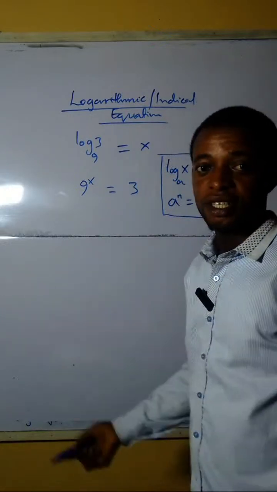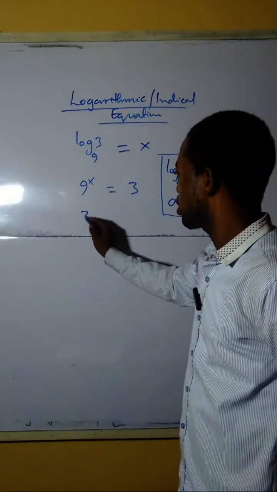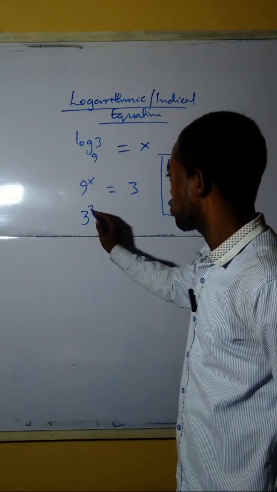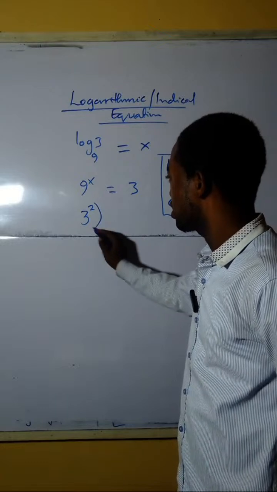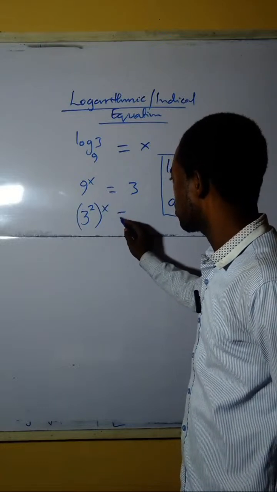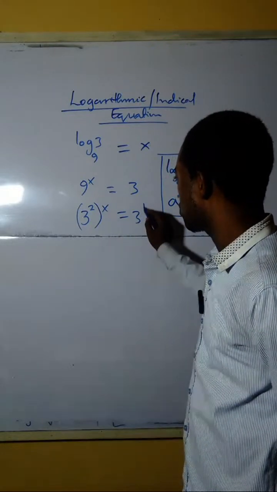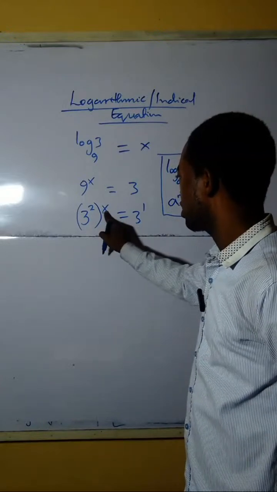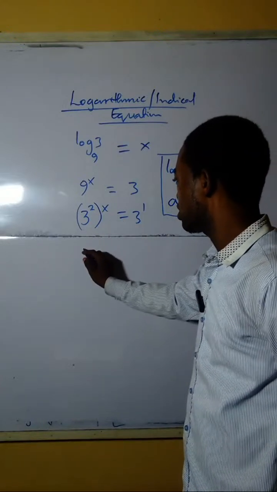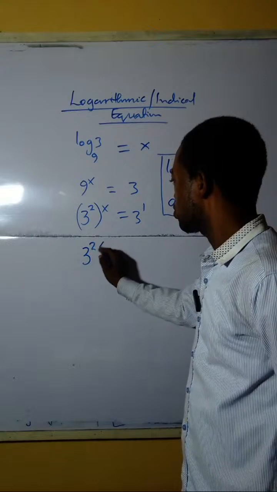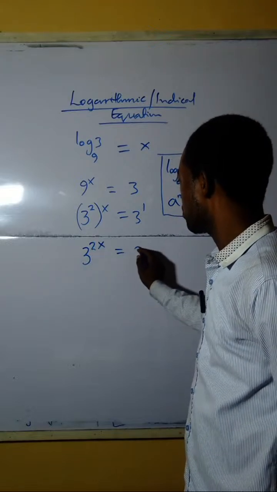Then changing this side as well to base 3, we have 3 squared, that's 9, then raised to power x, equals 3, which is raised to power 1 here. Then this power multiplies, so we can say this is 3 raised to power 2x equals 3 raised to power 1.